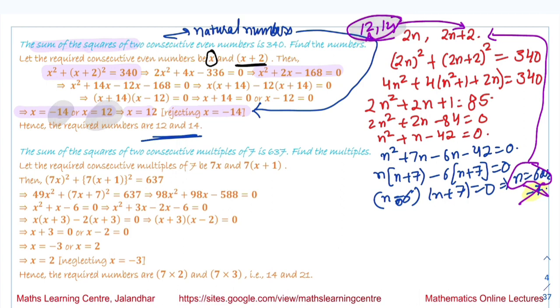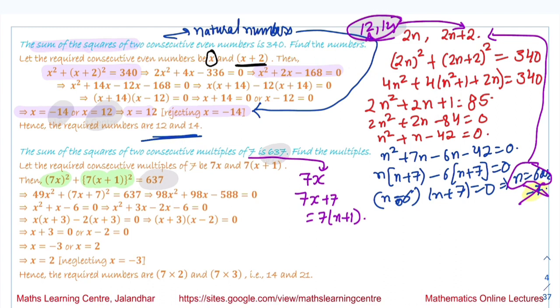Next is the sum of squares of two consecutive multiples of 7 is 637. Now the two numbers which are multiples of 7 are 7x, this is one number, and the next number will be 7x plus 7, that is 7 common, x plus 1. And the sum of the squares of the two numbers, 7x square plus 7 times x plus 1 square, is given to be 637.